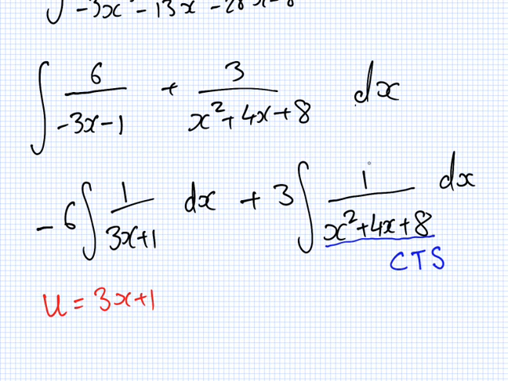Maybe I'll let you try it yourself sometime, but if you try u equal to x squared plus 4x plus 8, it won't simplify. Basically the reason is the top is too small. You'll get du dx equals 2x plus 4, and there's nothing on the top to cancel that, not even close. So it doesn't actually make it simpler.